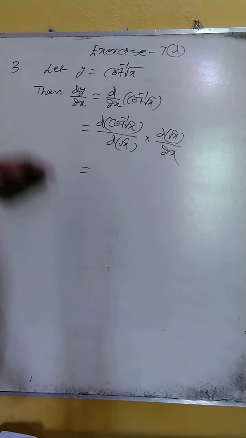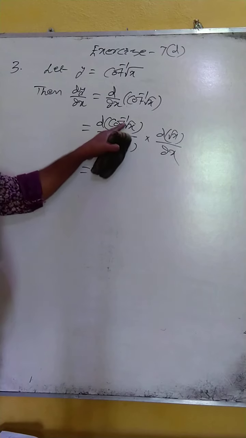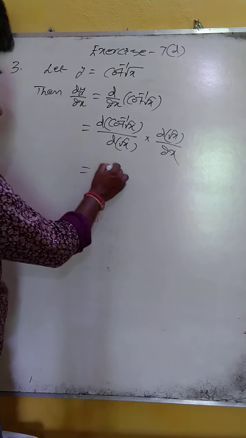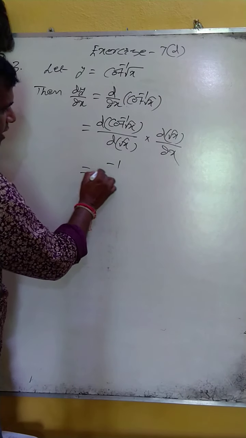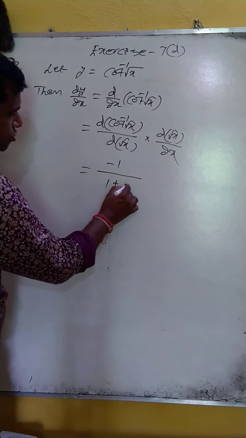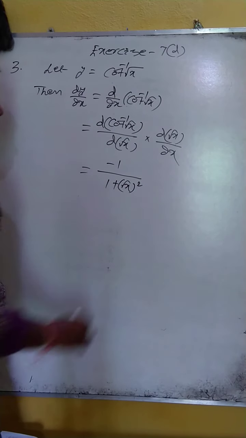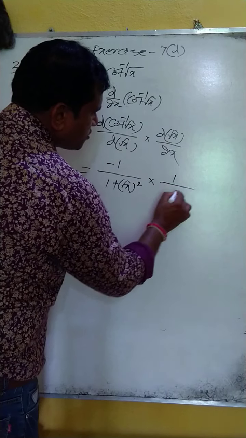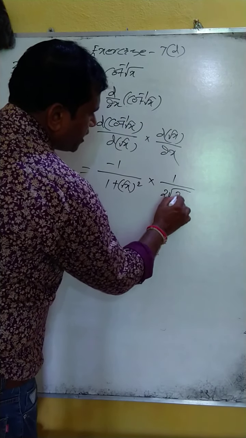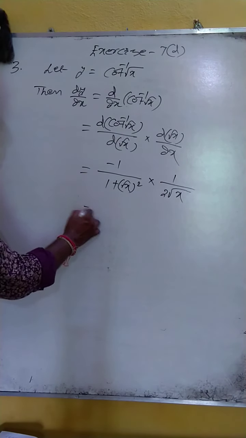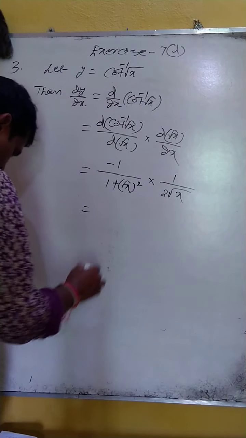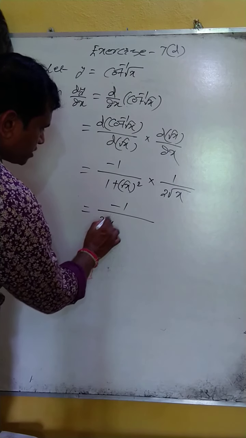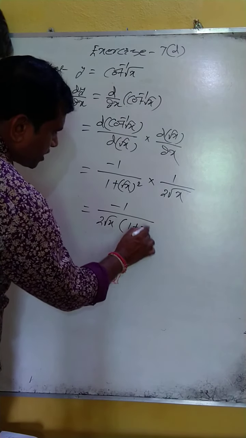Since the derivative of cot inverse x with respect to x is minus 1 by 1 plus x square, we write here minus 1 by 1 plus root x square into the derivative of root x with respect to x, which we know is 1 by 2 root x. So we write minus 1 by 2 root x into 1 plus x.